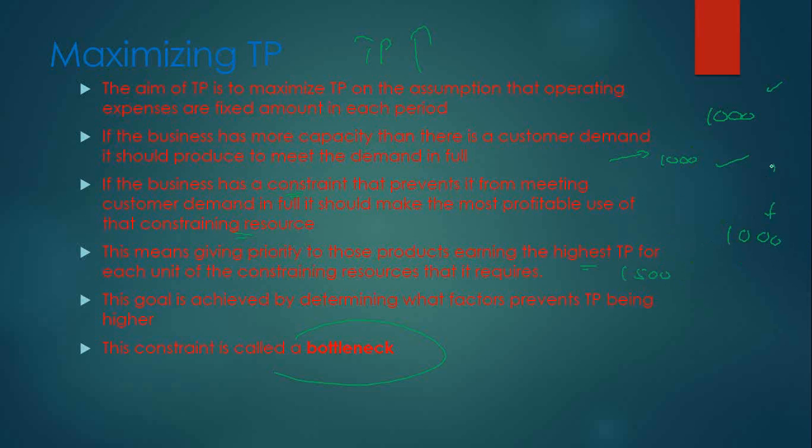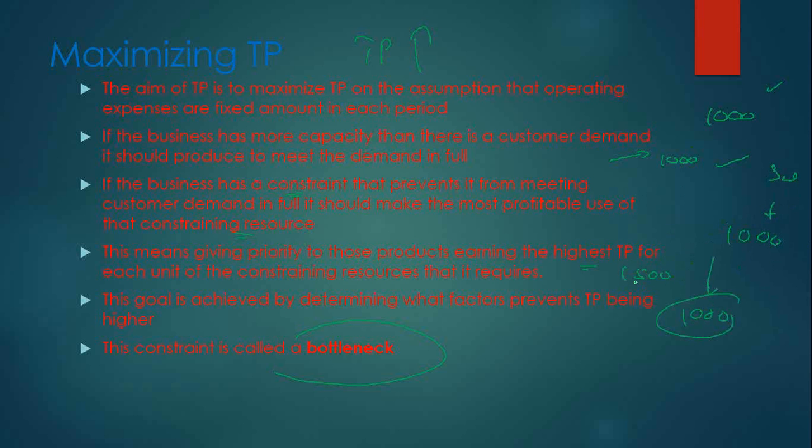TP is added only by the sale. So stop it at 1000. Don't produce anything more than 1000 because it is not going to bring you any benefit under TP accounting. TP will only consider your sales.